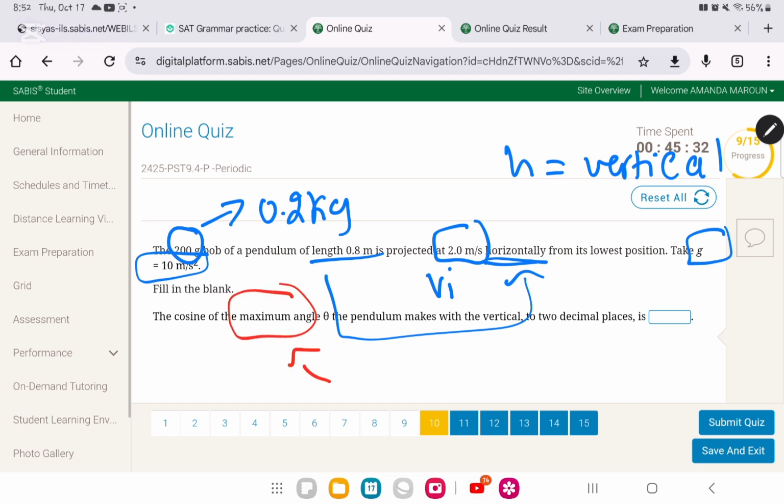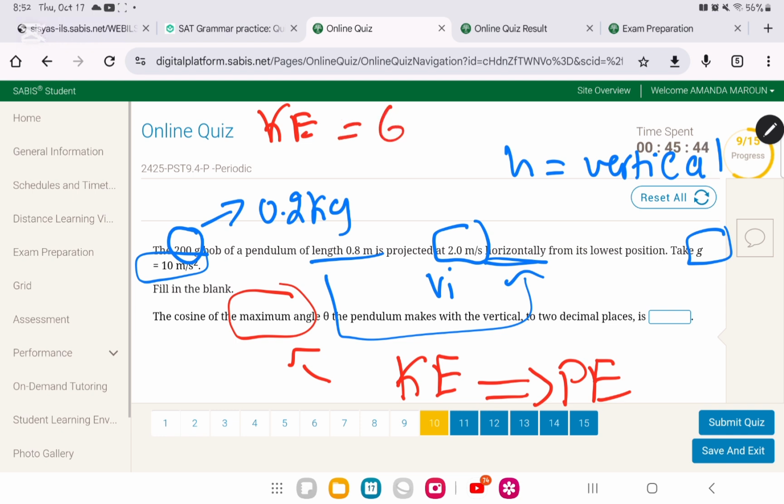Anytime you see maximum angle, that means the angle at which all of the kinetic energy is converted into potential energy. That means what? The kinetic energy will be equal to the potential energy. In this chapter, the only potential energy we're learning is the gravitational potential energy. So very simply, at the maximum angle, the kinetic energy is equal to the gravitational potential energy.